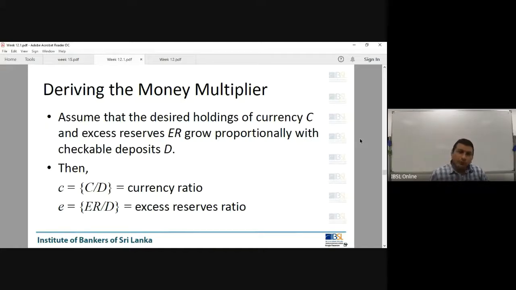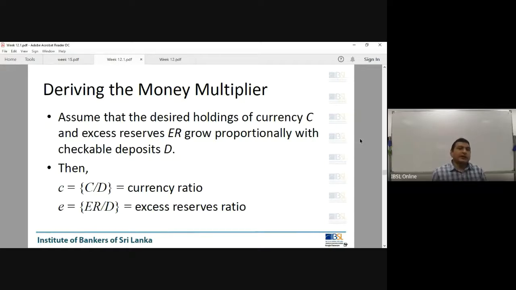Okay, so you assume, these are general assumptions, but this is empirically true too, right. The desired holding of currency and excess reserves, ER, we just take excess reserves as ER, grow proportionally with checkable deposits.